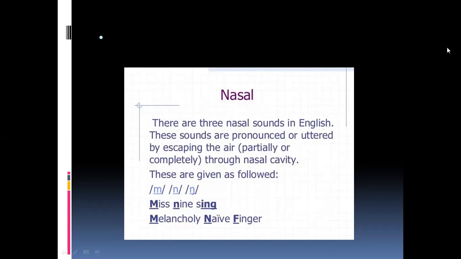These sounds are produced by escaping the air partially or completely through the nasal cavity. For example: m in miss, n in nine, and ng in sing. So these are nasal consonants.